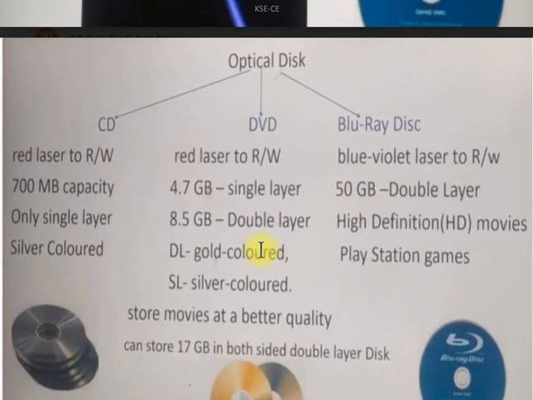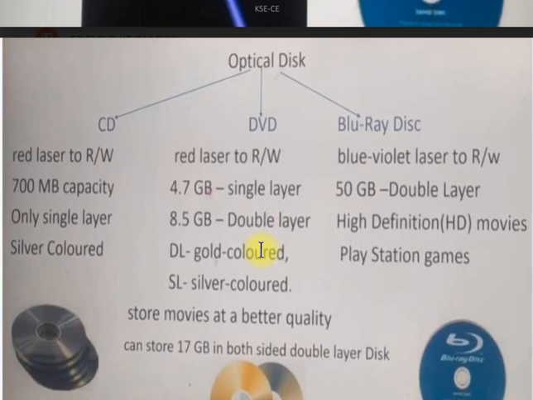The storing capacity of CD is 700 MB. DVD storing capacity: single layer can store 4.7 gigabyte, while double layer can store 8.5 gigabyte, right? Single layer means silver color, double layer means gold color. CD only uses a single layer and silver color.